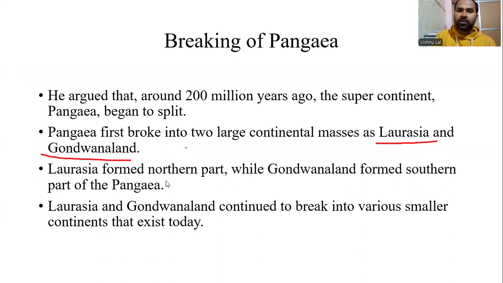So in present time, if we talk about the present continents and oceans, which were part of Laurasia and which were part of Gondwanaland? Here Laurasia forms the northern part and Gondwanaland forms the southern part.